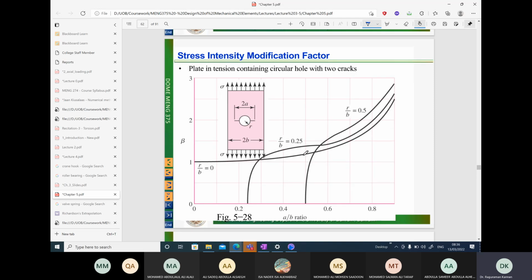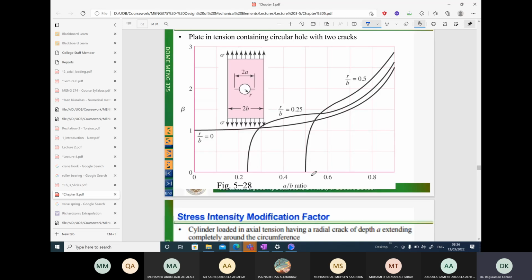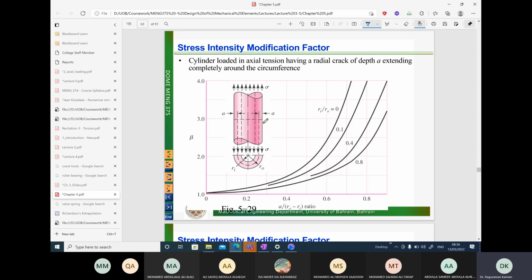Another case is where we have a hole in the plate; at the edge of the hole, due to very high stress concentration, a crack may develop, and again we use different graphs for that. In the case of a cylindrical specimen, we have radial cracks of depth A.